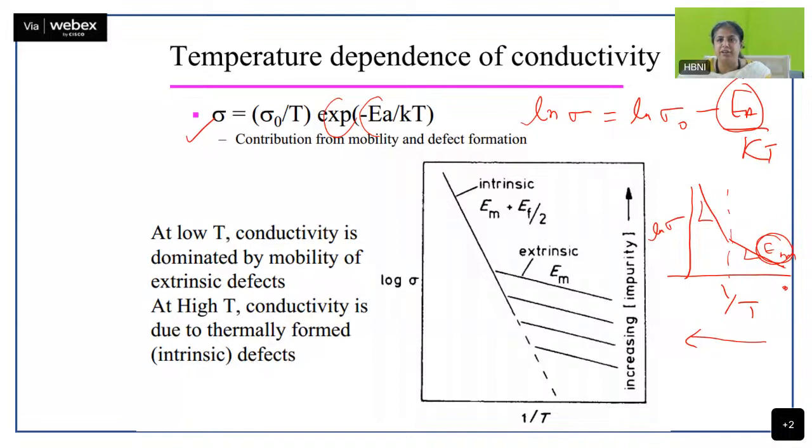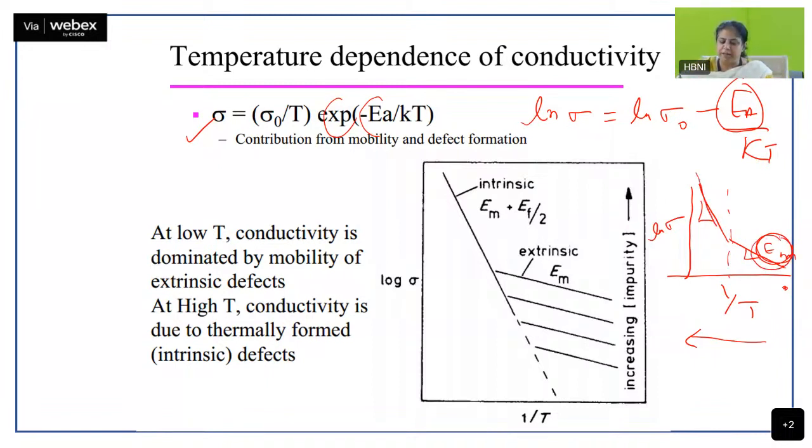What was this activation energy here? The defects are already there. You do not require energy to create defects. They were created only because you substituted calcium. But this is the energy for mobility, the energy hindrance that your ions face to move. So this is the activation energy of mobility.